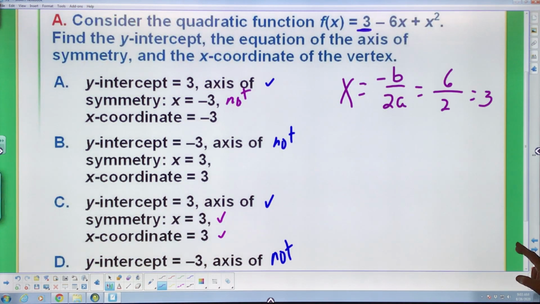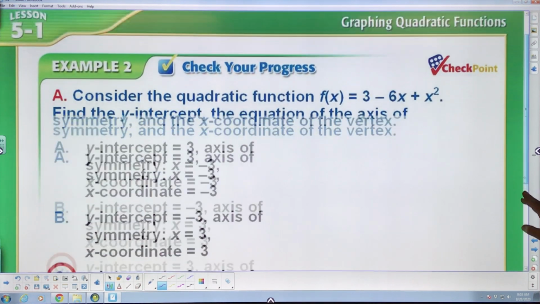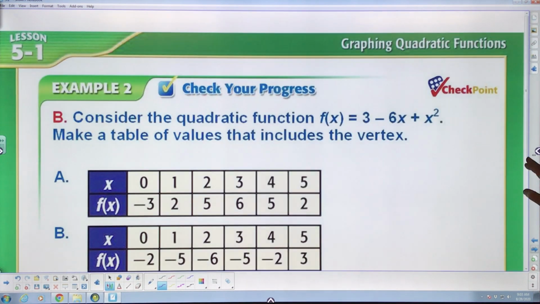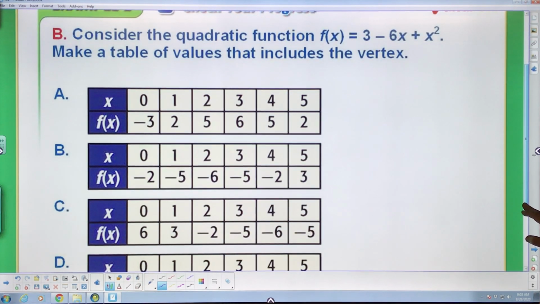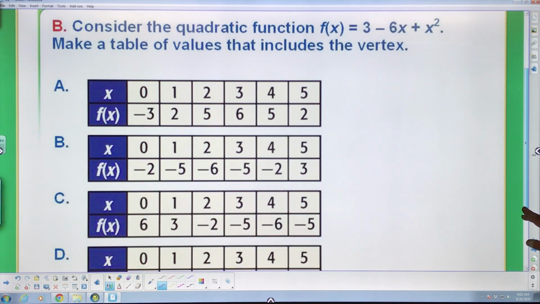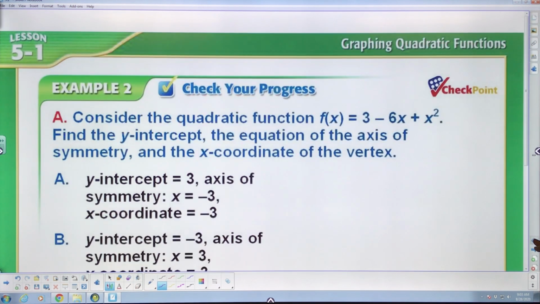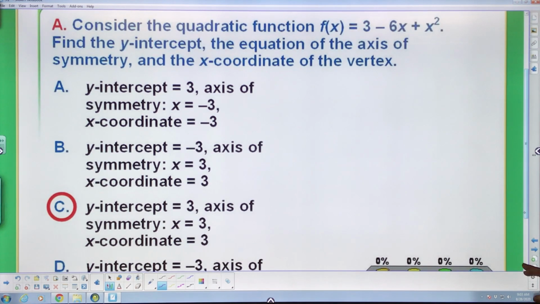Then I can take that and put a couple of pieces of information together and graph it real easily. Just knowing a few things is so helpful. Consider the quadratic function, this is the one we just did. It says make a table of values that includes the vertex. Let's go back and remember that the vertex has an x-coordinate of 3.